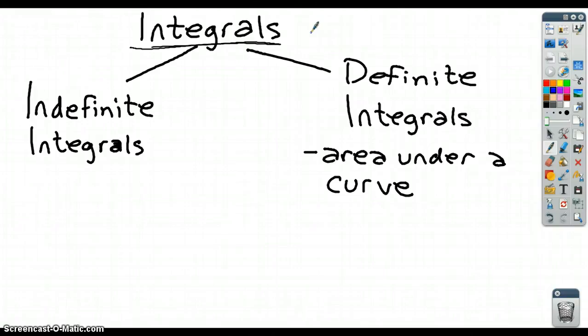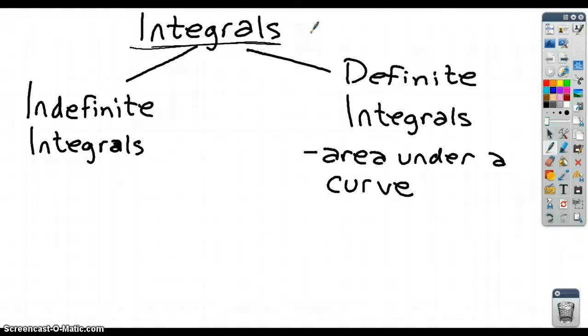This describes how instantaneous rates of change, or instantaneous changes, accumulate over an interval to produce a function. So that's going to lead us to our first topic, what is called the area under a curve. In order to find the area under a curve, we're going to use an integral. There are two kinds of integrals, branching off in two directions: indefinite integrals and definite integrals.